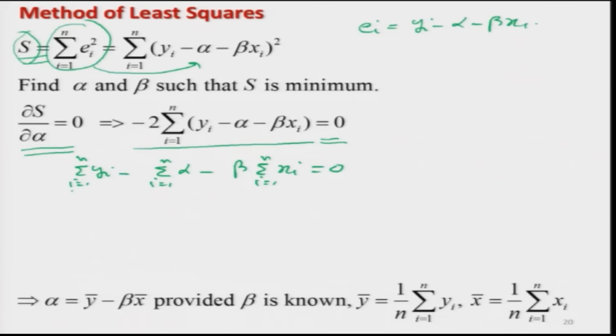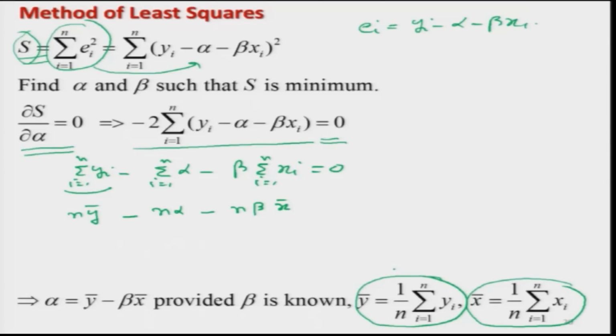So, this quantity is simply n times y bar minus n times alpha minus n times beta x bar, right, because x bar and y bar are defined as 1 upon n summation xi and 1 upon n summation yi. Now you can solve this equation, and this gives y bar minus alpha minus beta x bar equal to 0, and this gives us that alpha is equal to y bar minus beta x bar.